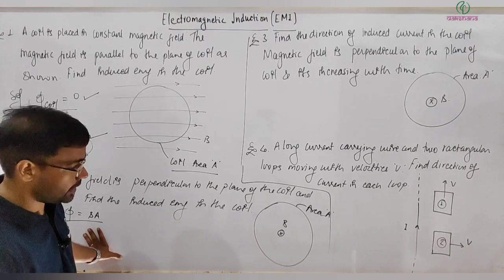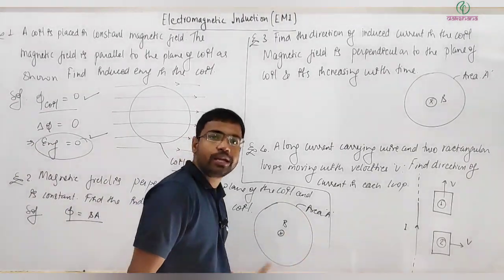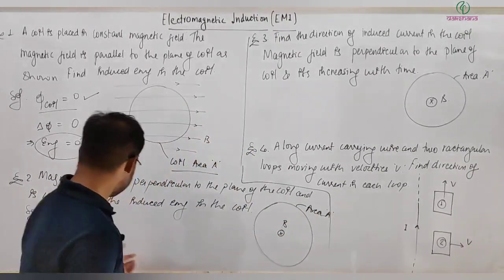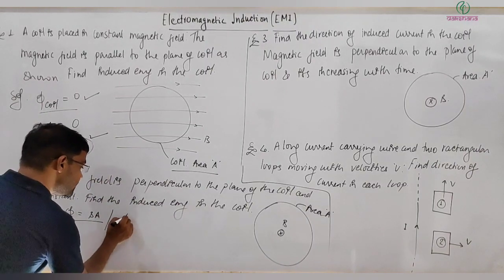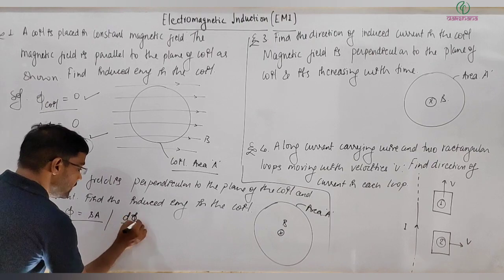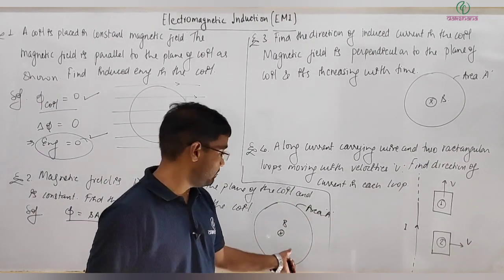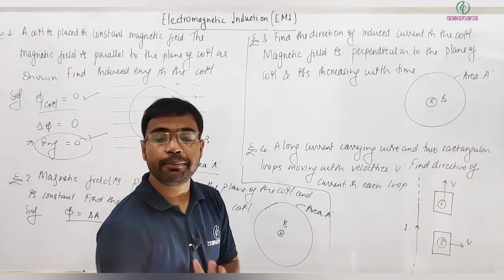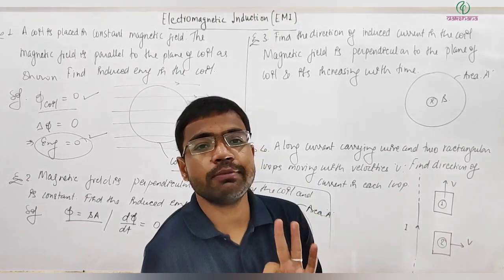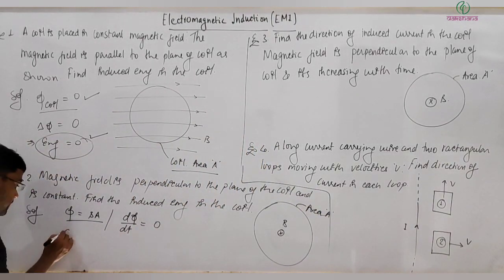Yes, flux is there, magnetic field is there, area is there, coil is there, and it's crossing the coil. So that's why flux is also there. But if I write delta phi or d phi by dt, what is that actually? This is 0 because no flux is changing, the magnetic field is constant. So the number of field lines crossing this coil is constant. So the change in magnetic flux is 0, and that's why EMF is 0.